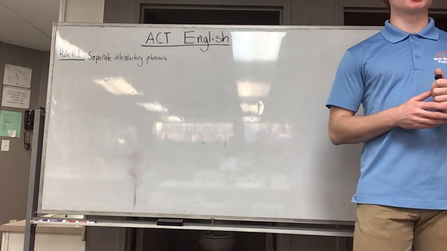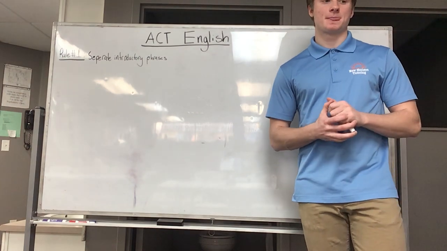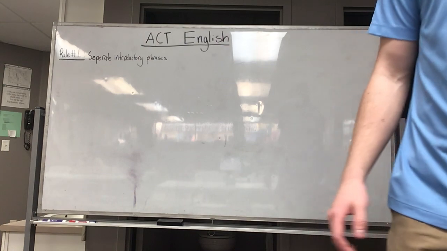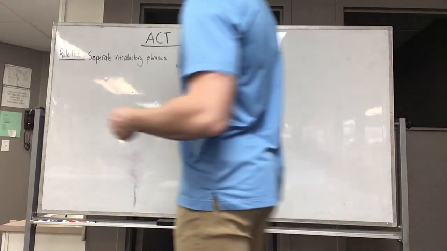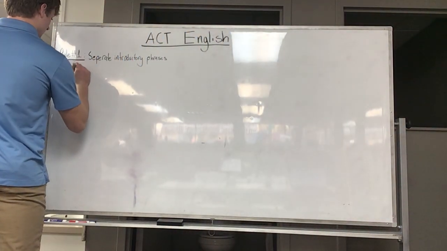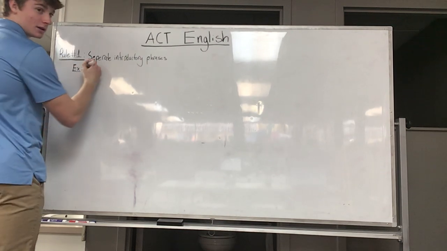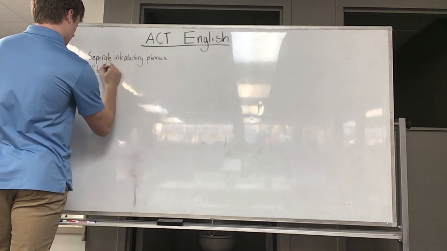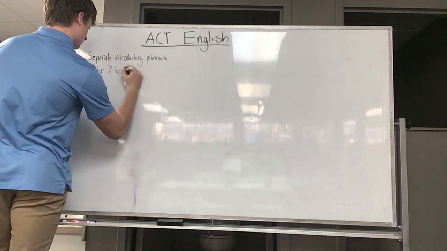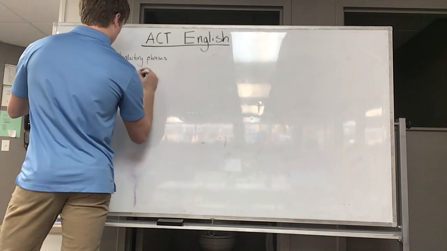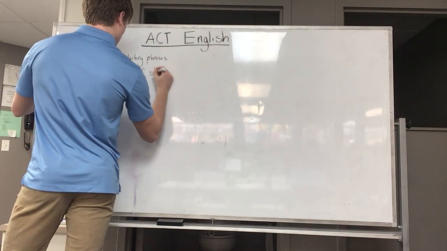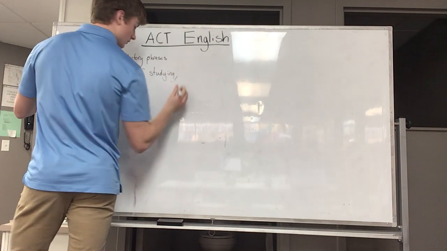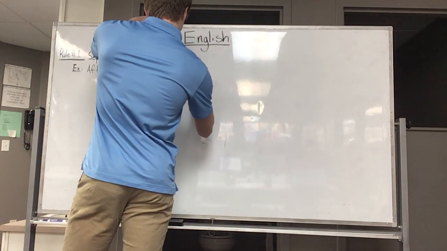Or a lot of ing words too, like any word ending in ing, introductory phrases. So an example of that would be: after 7 hours of studying, comma, she increased her ACT score.